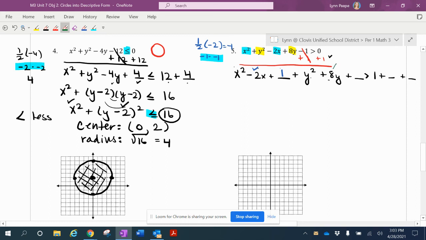And then let's take the 8. We'll do half of 8, which is 4, and then times 4 by itself. So 4 times 4 gives me 16, so I'm going to add 16. And then I need to go back and add that 1 to the right-hand side and also add the 16, right? Whatever I add to one side, I need to add to the other.